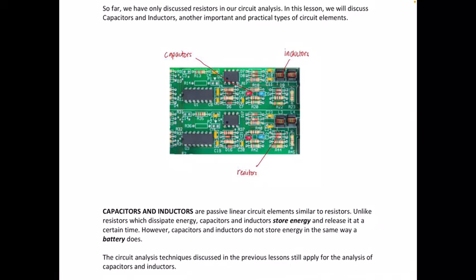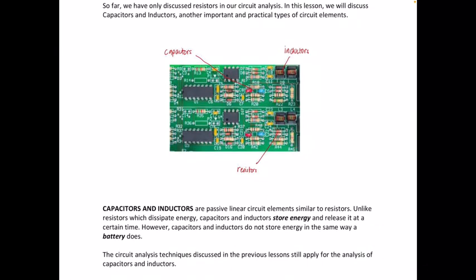So unlike resistors, capacitors and inductors store this energy, and the moment that they release this energy is dependent on certain conditions within the circuit itself, such as when the circuit reaches a certain voltage or current.